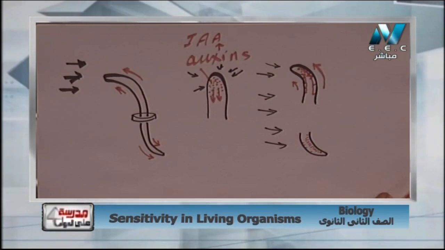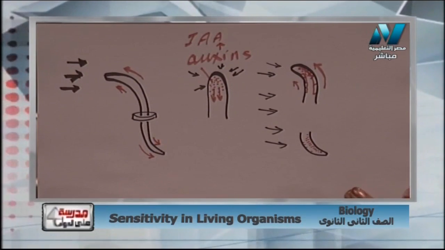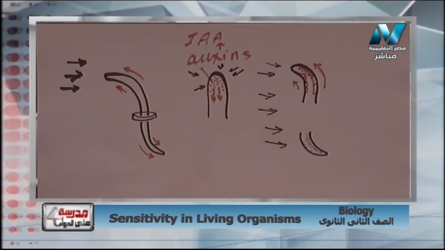I want you, my dear students, to bear in mind 2 principles. The first one is that a high concentration of auxin in the stem causes acceleration of the growth or rapid growth. But high concentration of auxins in the root causes slow growth or inhibits the growth.